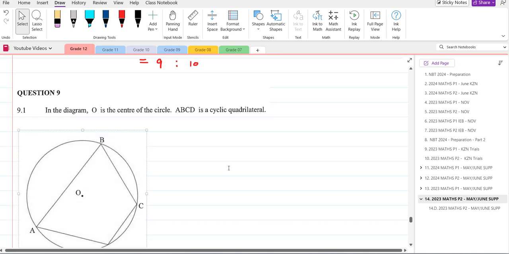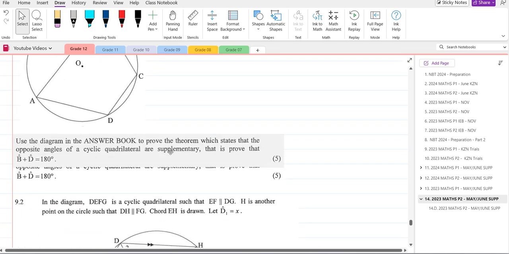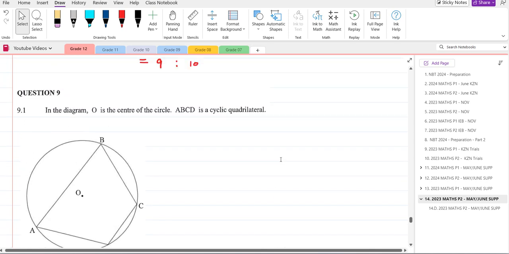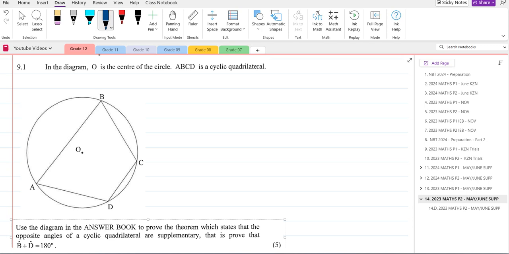In the diagram, O is the center of the circle, ABCD is a cyclic quadrilateral. Use the diagram in the answer book to prove the theorem which states that opposite angles of a cyclic quad are supplementary. That is, prove that angle B plus angle D is equal to 180. First what we're going to do is draw construction lines. You must construct lines when you're proving theorems.